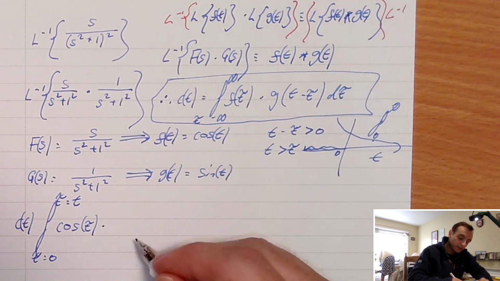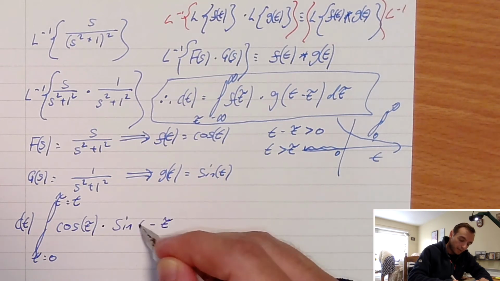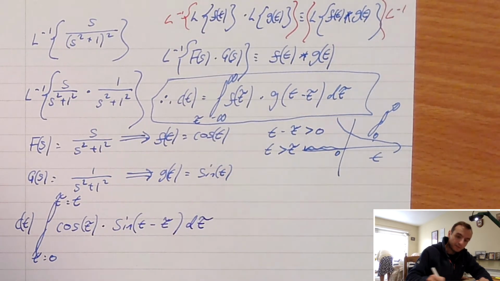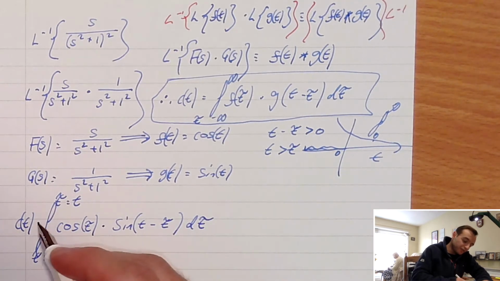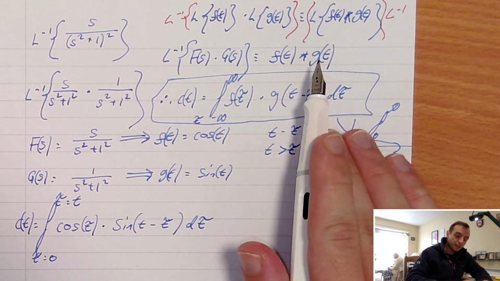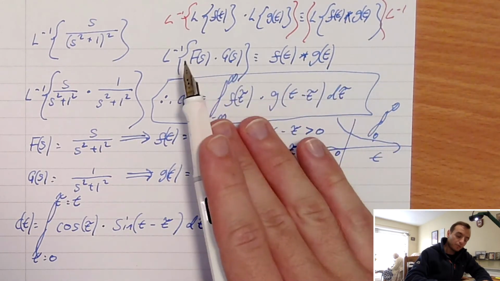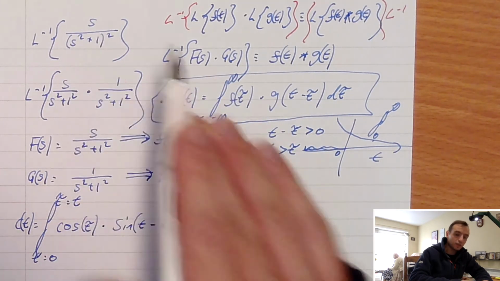G of minus tau is going to be sine of minus tau plus t, d tau. So now we have the convolution function that should give us f of t convolved with g of t, to form the inverse Laplace transform of f of s dot g of s, i.e. s on s squared plus 1 all squared.